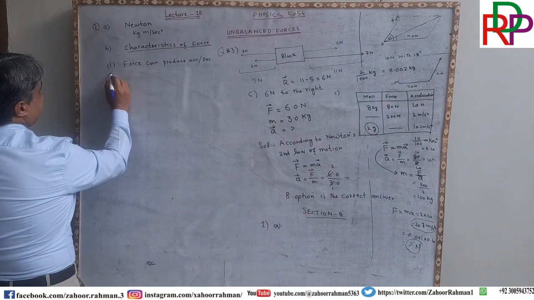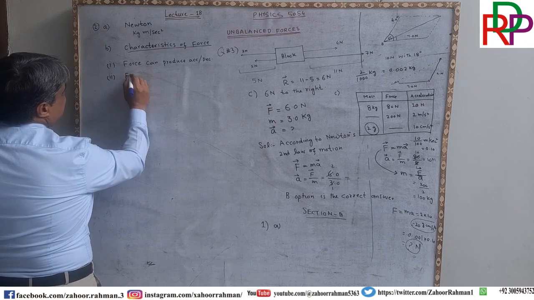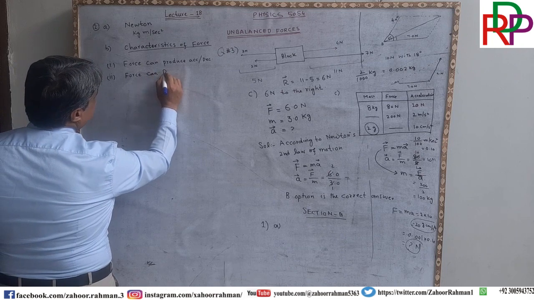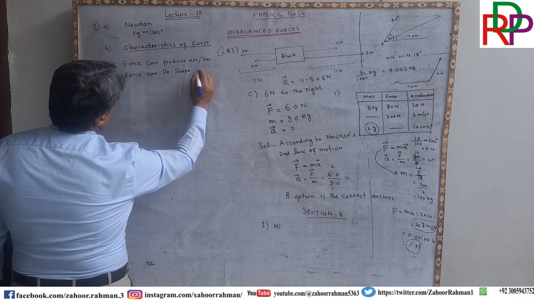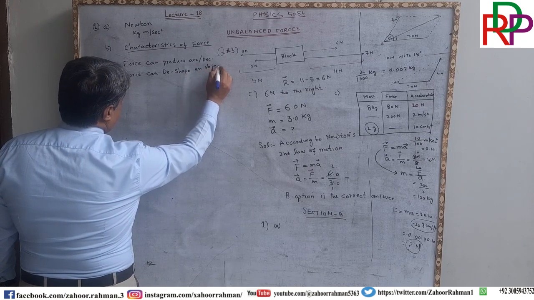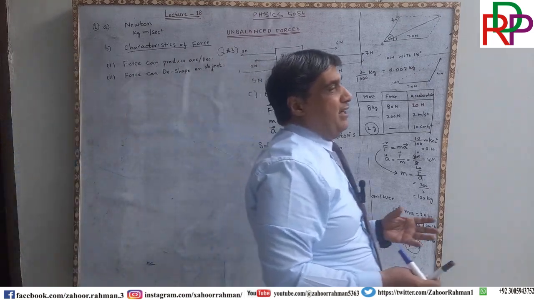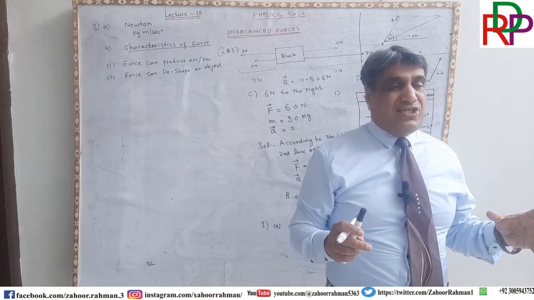The second characteristic of force is that force can deform, or change the shape of, an object. Yes, if you are applying a force on an object, then the shape of that will be changed.